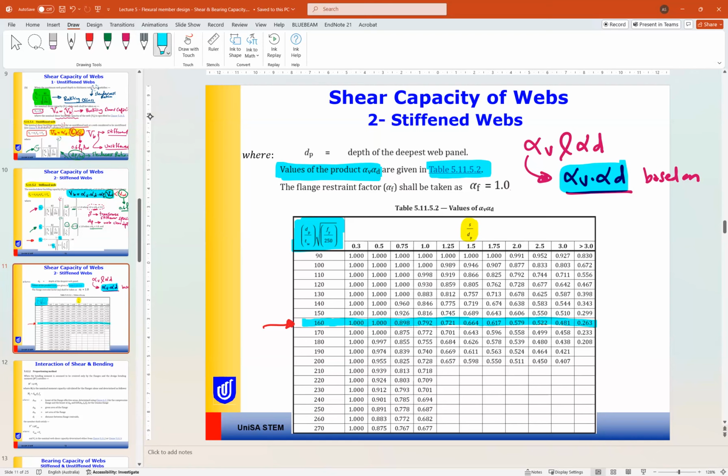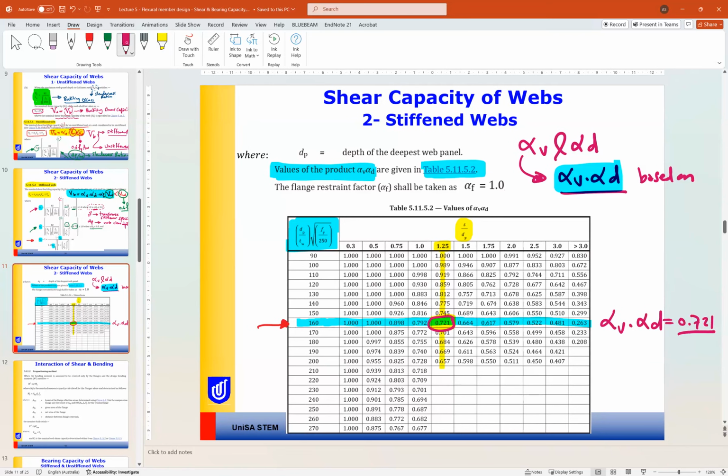Let's assume that we have S over dB as any value, for example, 1.5 or 1.25. So our value will be this value. For example, here, alpha V times alpha D equals 0.721, and you can use this value.